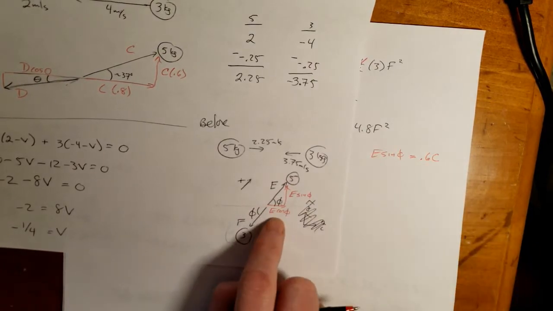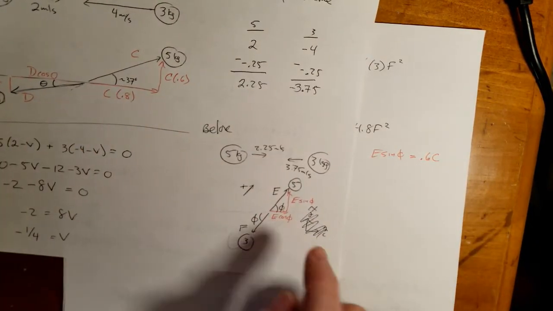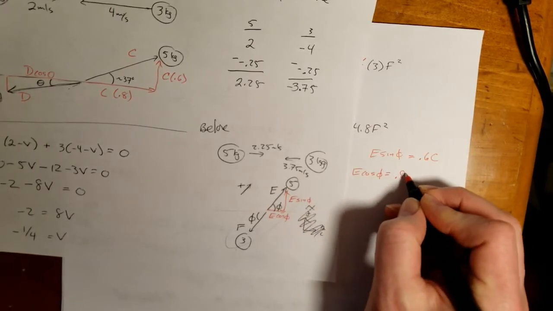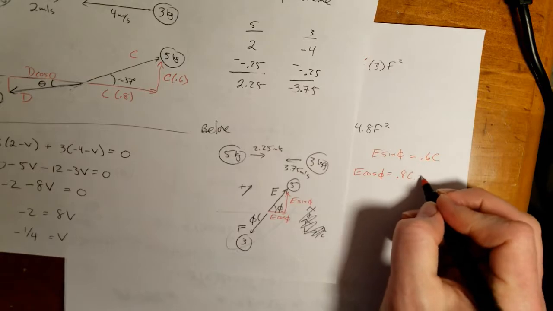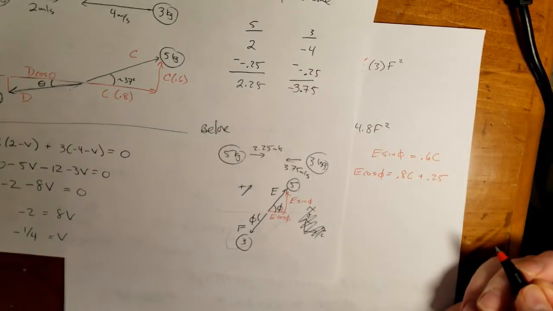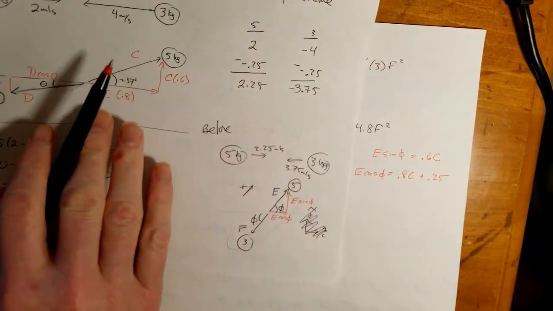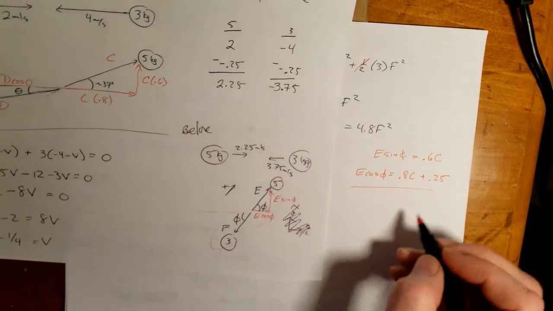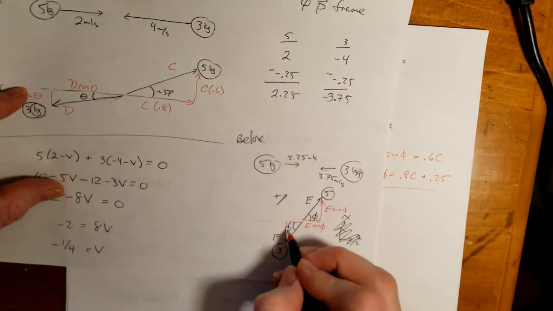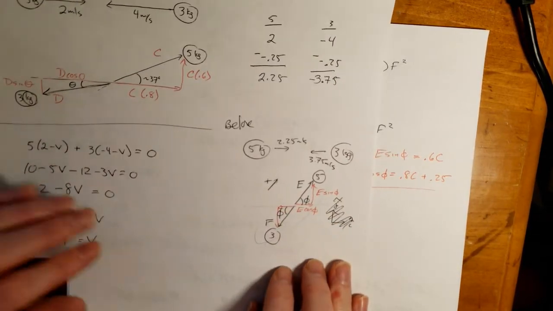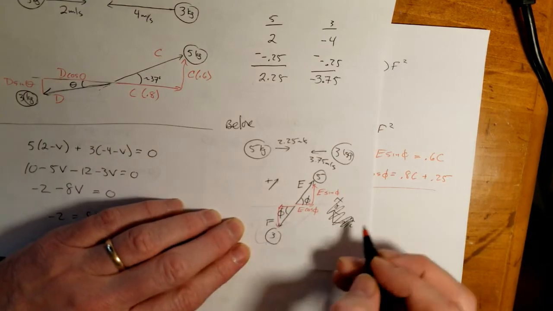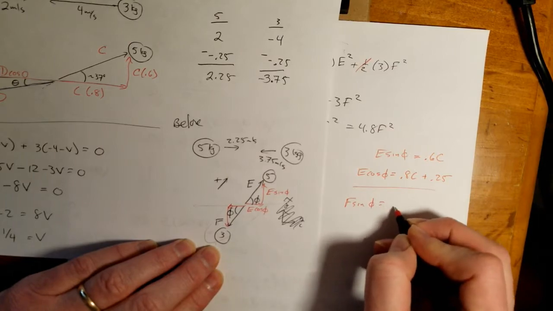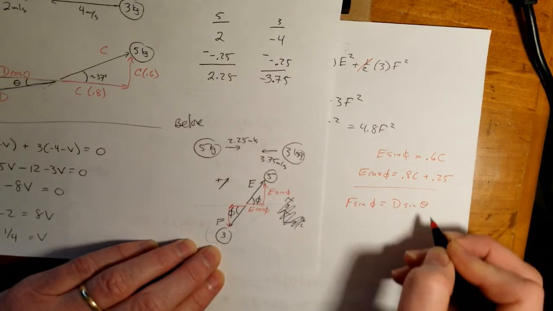The horizontal component, when I'm shifting from this frame to this frame: E cosine phi is equal to 0.8C plus 0.25, because remember that I added 0.25 when I went from this frame to this frame. If I'm looking at the other triangle, similar reasoning. The minus sign is going to get a little bit tricky here for just a moment. But we also have F sine phi is equal to D sine theta.